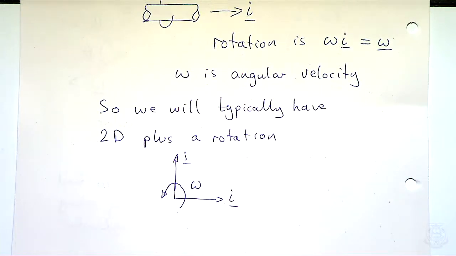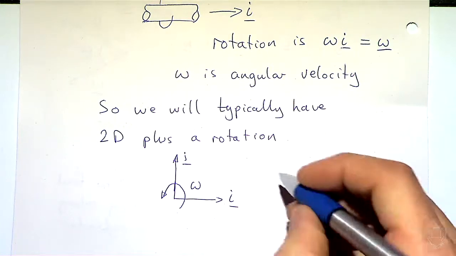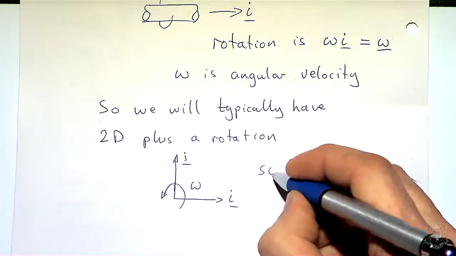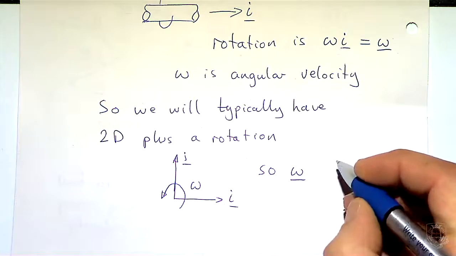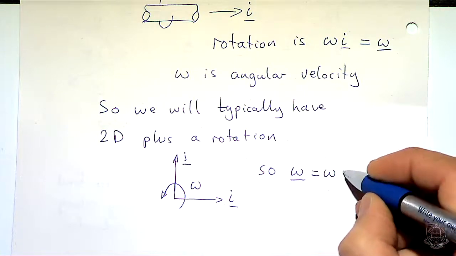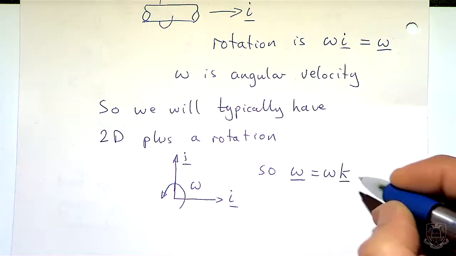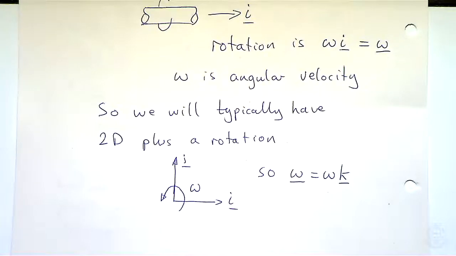Okay, so our two dimensions are x in the I direction, y in the j direction, and a rotation omega around this k-axis, which we're assuming comes out of the paper. So in this case, now we have a vector. If we want to define a vector omega, it would be equal to a scalar omega multiplied by k, okay? Because now I've defined the rotation to be around the k-axis in this particular case.